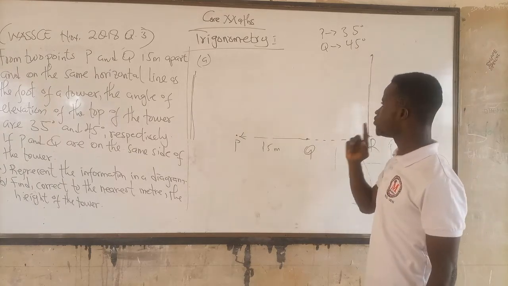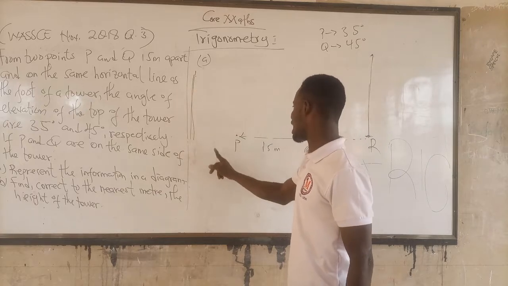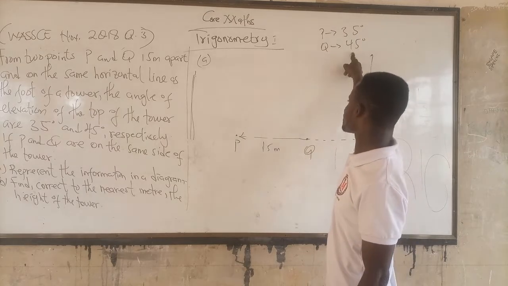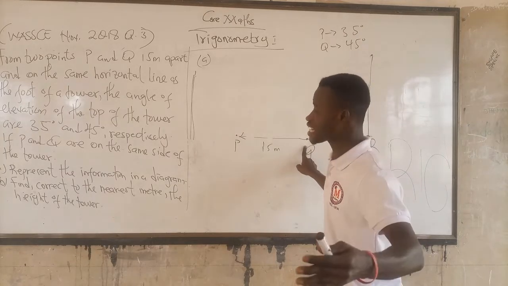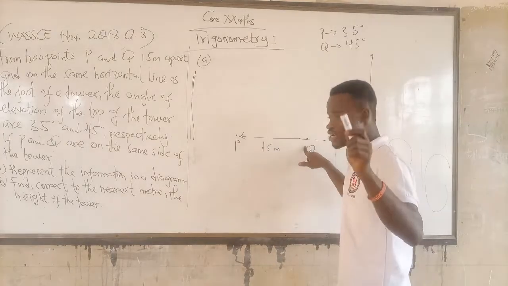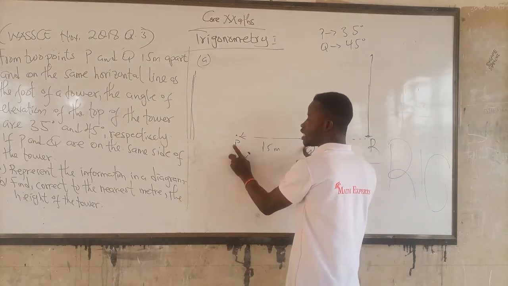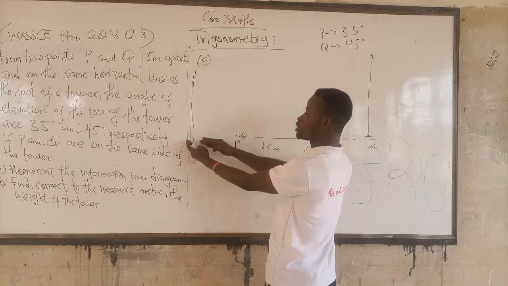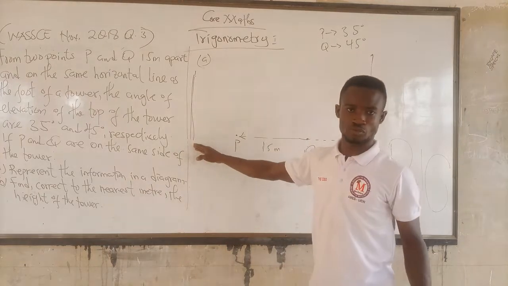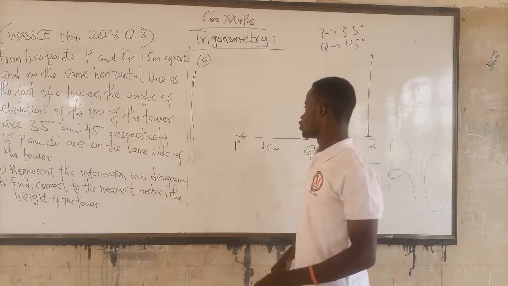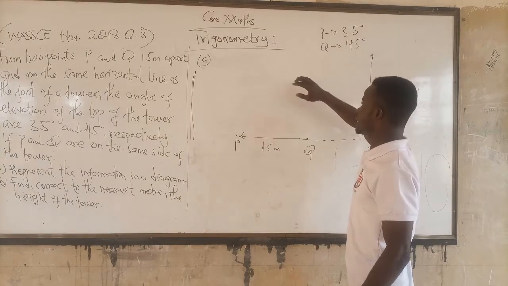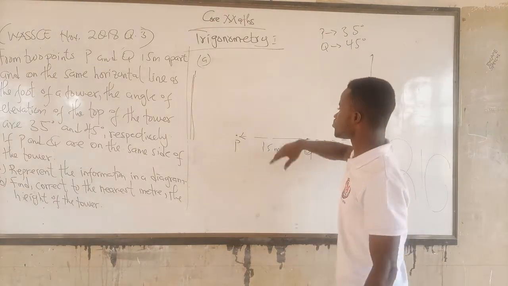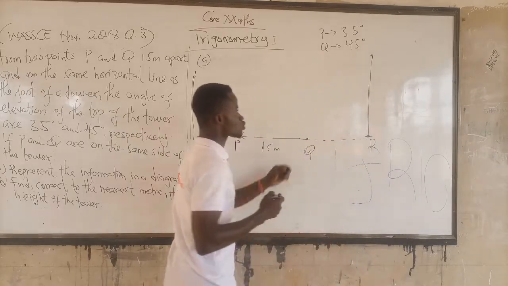So, if the tower is here, then the P angle will be 35 and the Q angle will be 45, which can never be so, for the reason that the larger the angle is determined by how close you are to what you are observing. So the tower will not be here because the angle for P is less. So that is why the tower is here.